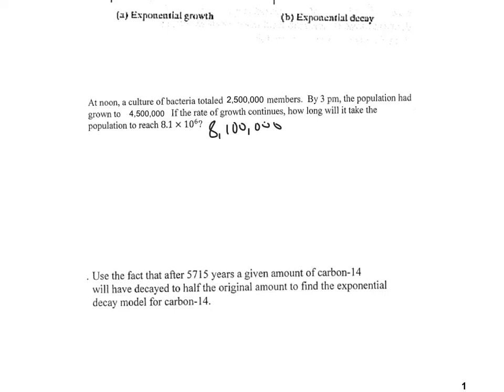Then we're going to use that to extend and find the time for 8.1 million. I'm going to talk in millions, so I'm not going to plug in all those zeros. I'm just going to use 2.5, 4.5, and 8.1. Let's say t is time after noon, that way we don't have too big of t's.